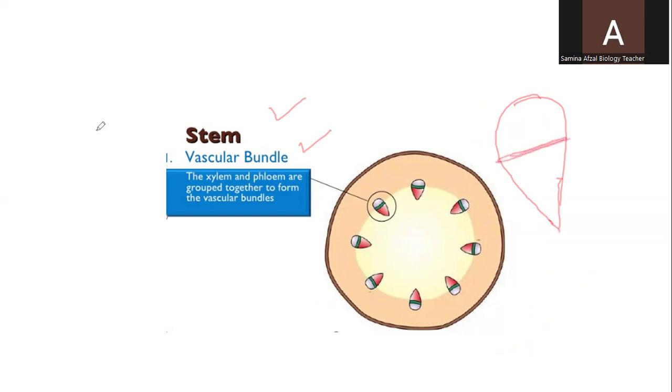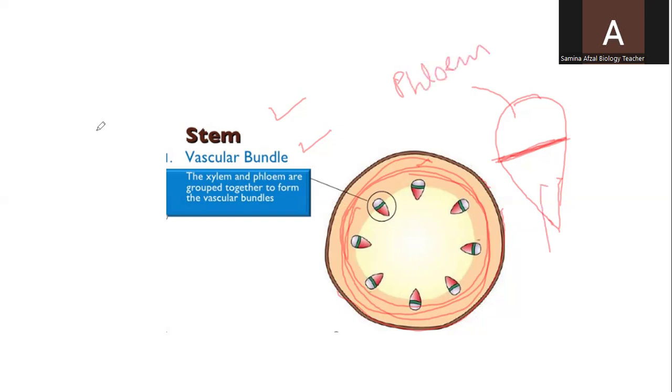And this is epidermis and cortex. They are arranged in the cortex. And if we magnify, that is called phloem, which is towards the epidermis, and this is xylem.